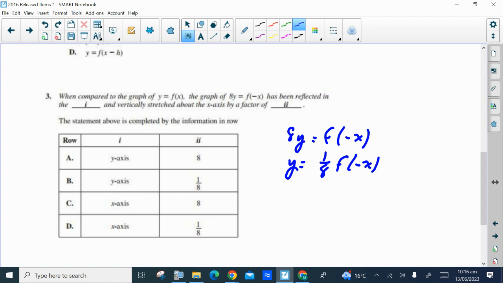So the fact that a is 1/8 means that it'll be a vertical stretch by a factor of 1/8. So that eliminates A and C because those show vertical stretches by 8. And because the x is negative, that's a reflection about the y-axis. So that's the reason that answer B is correct.